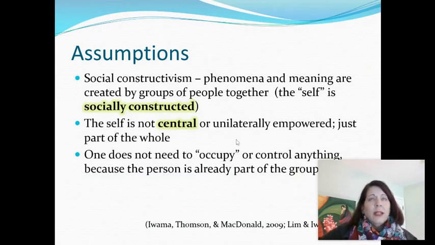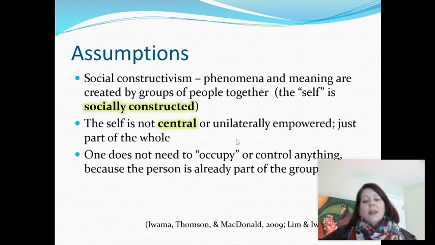Within the approach that the Kawa model takes, it takes a very social constructivist approach, in which the self is socially constructed and doesn't exist outside of the meaning that's created by groups of people together. This means that the self is not central or unilaterally empowered.